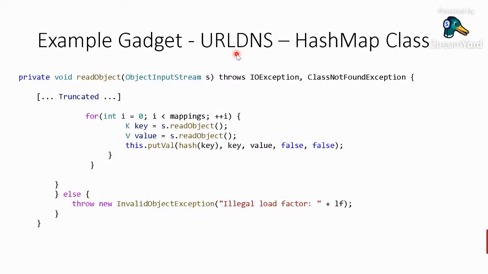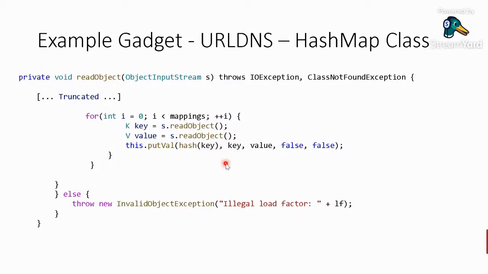And if we want to look through the code, this is actually code from the Java JRE itself. A hash map is basically a map of keys and values that can contain any type of object. In this case, we gave it a URL as a key, and once we deserialize it, this is the readObject of Hashmap, we see that it's calling hash on that key.